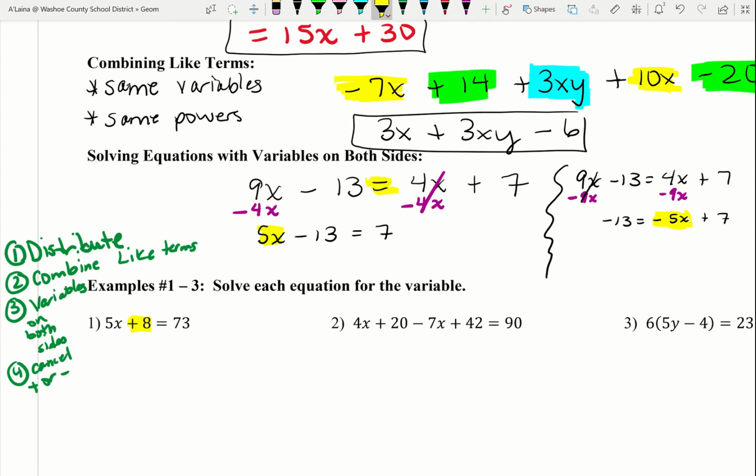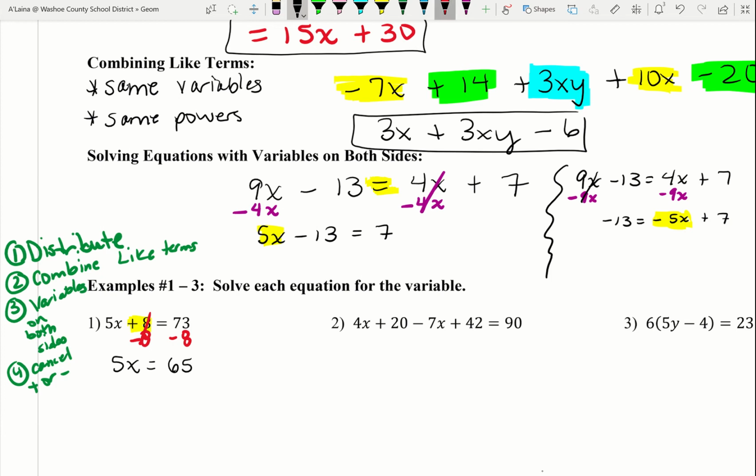My goal here is to isolate x. So I'm just going to subtract 8 from both sides. I'm undoing the equation. This order is actually kind of the reverse of the order of operations, especially at the very end of our steps. All right, so 73 take away 8 is 65.